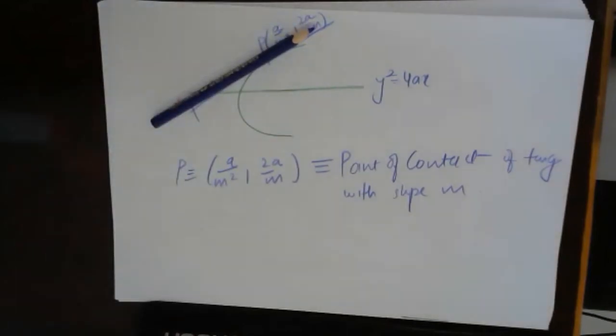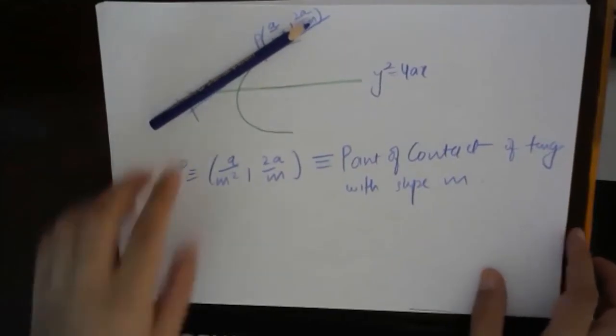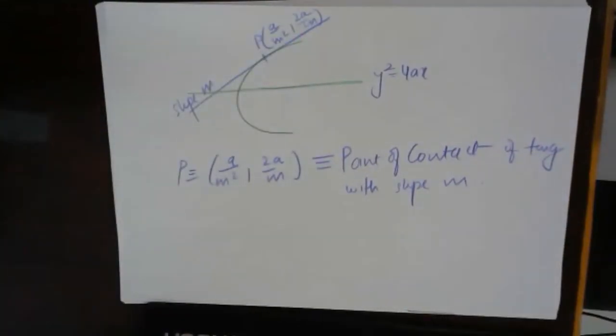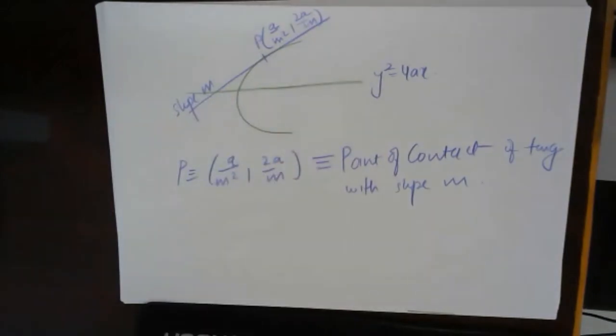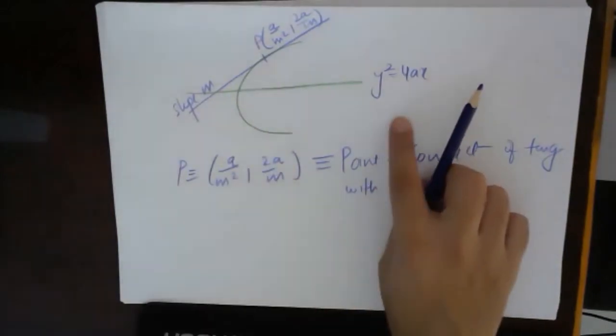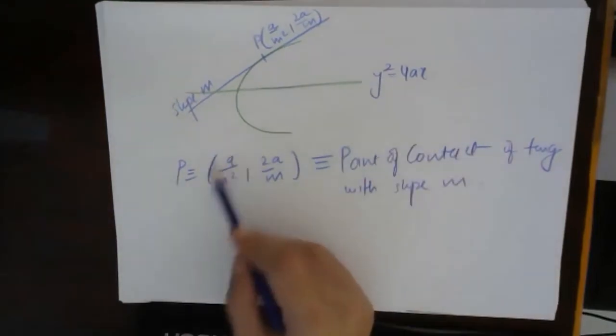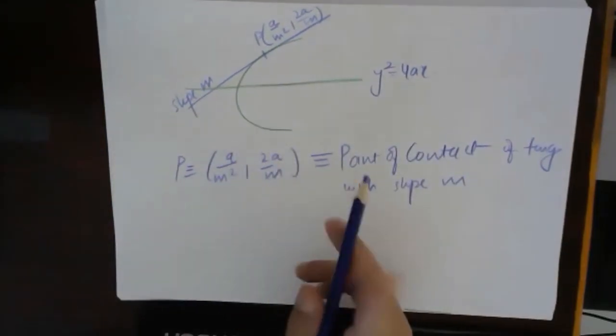This will be tangent to the parabola. And what should be the value of c? Value of c is equals to a by m. Okay, and they are saying that what should be the point of contact of this tangent with slope m and the parabola y square is equals to 4x? That is nothing but a by m square comma 2a by m.